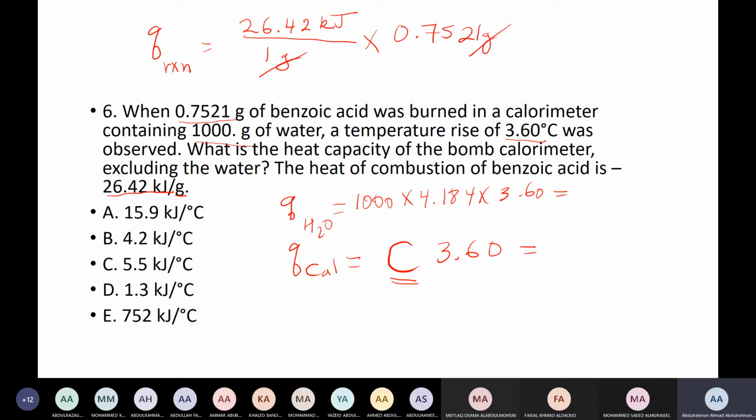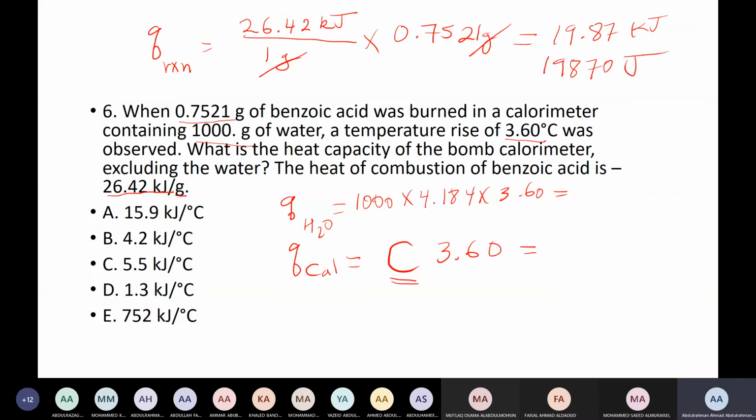Gram will go with gram. How much heat do we have? 19.87 kilojoule. Good. I will make it joule, so 19,870 joule.